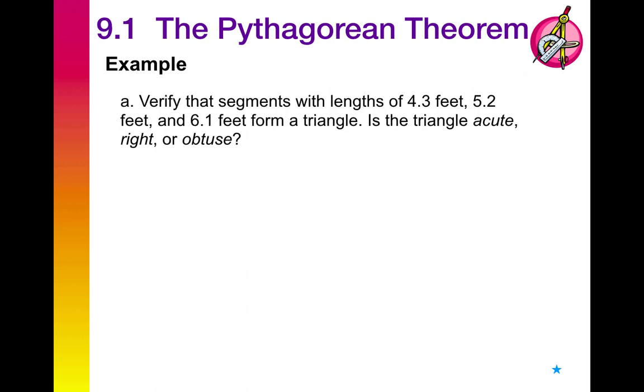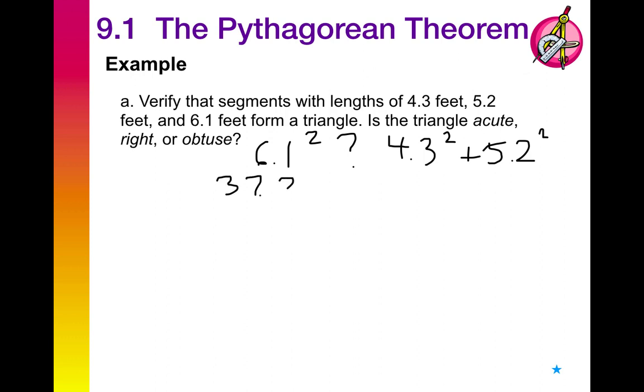So we take 6.1 and we square that, and then on the other side we take 4.3, square that, and add it to 5.2 and square that. If I take 6.1 and square it, I get 37.21.